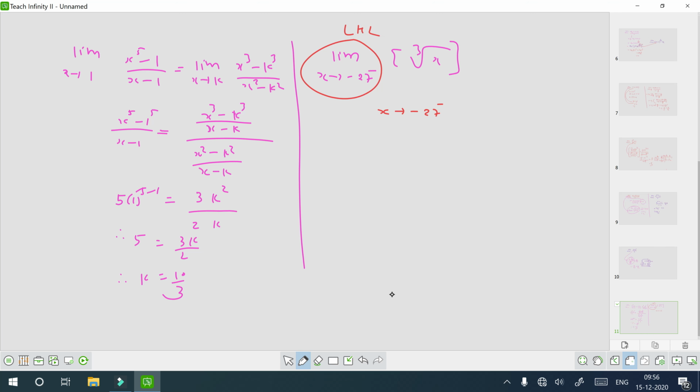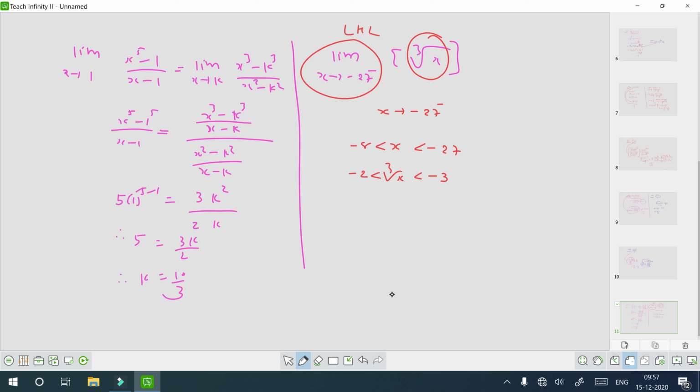Left hand limit. So x is less than minus 27. Here we want the cube root of x. Take the cube root of x. Cube root of x is equal to minus 3. 3 3s are 9, 3 9s are 27. Clear? So definitely there should be minus 8. So its cube root of x is equal to, that comes out minus 2.